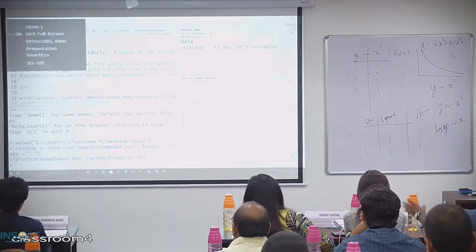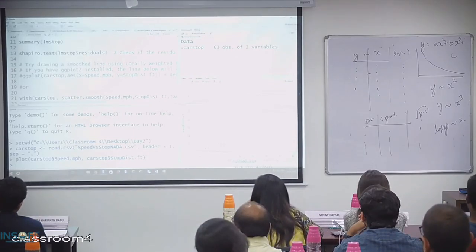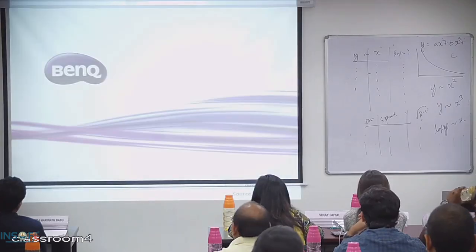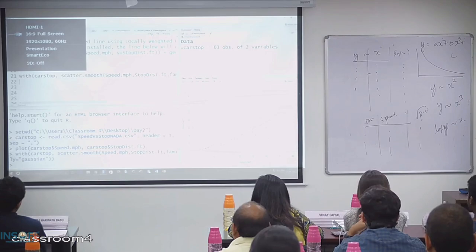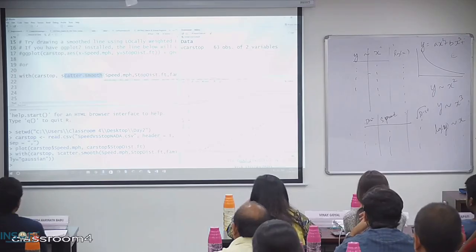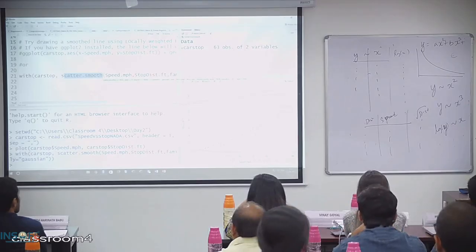And I can easily plot the smooth line here, the scatter dot smooth. That's what plots this thing. This is the one that we saw that gives us a quadratic fit.